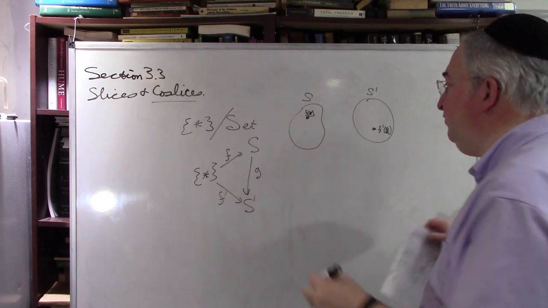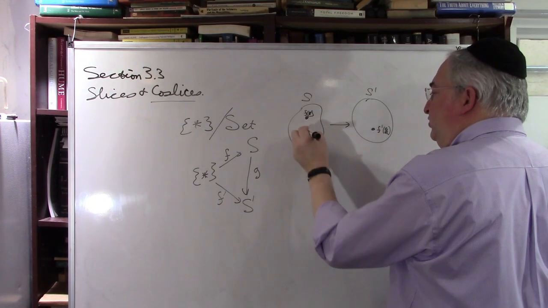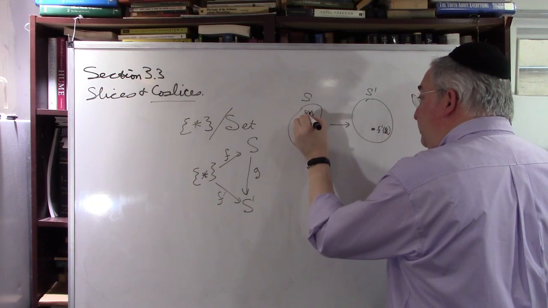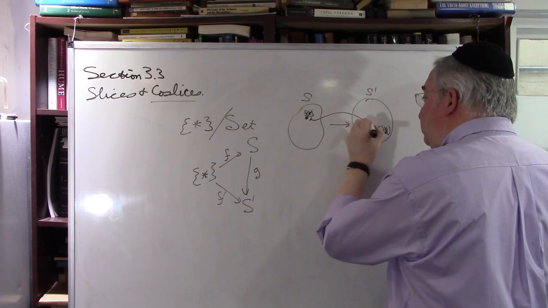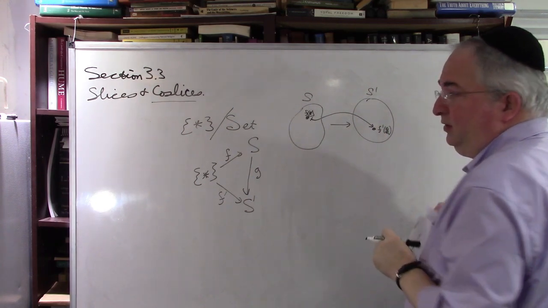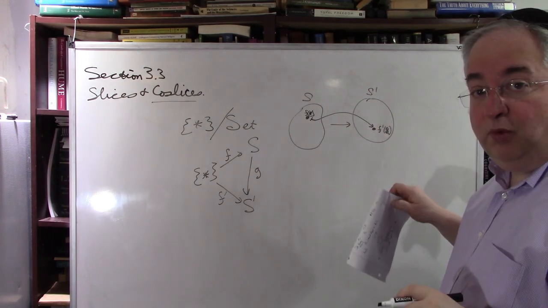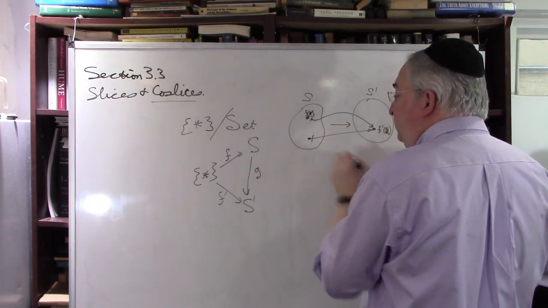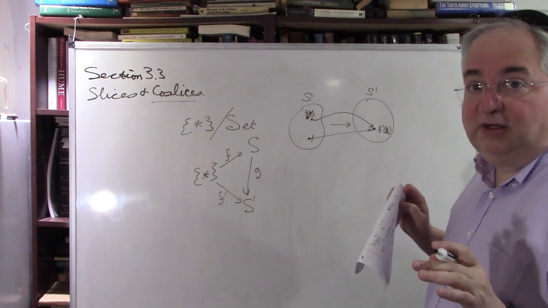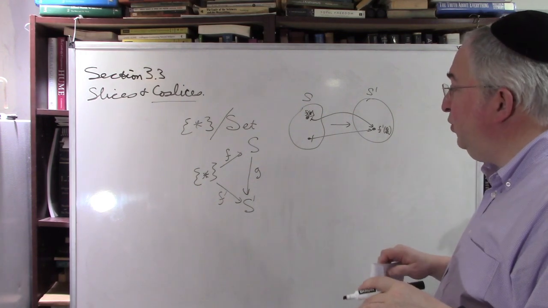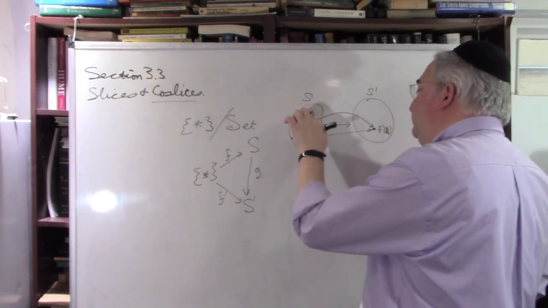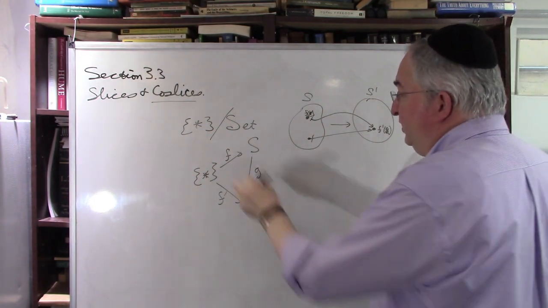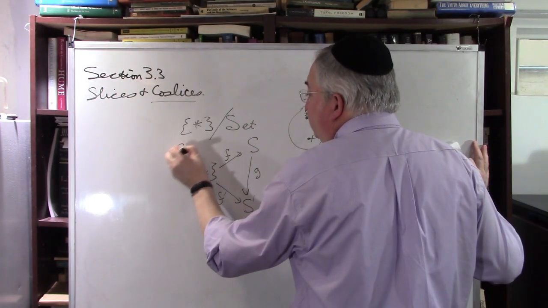What's a function between these? It takes every element in here, but we make one requirement: this element has to go to that point. So a point has to go to a point. Now, other points could also go to that point, and that doesn't bother us. Many things can go to that point, but one thing we insist on is that this element goes to that point. That's it.